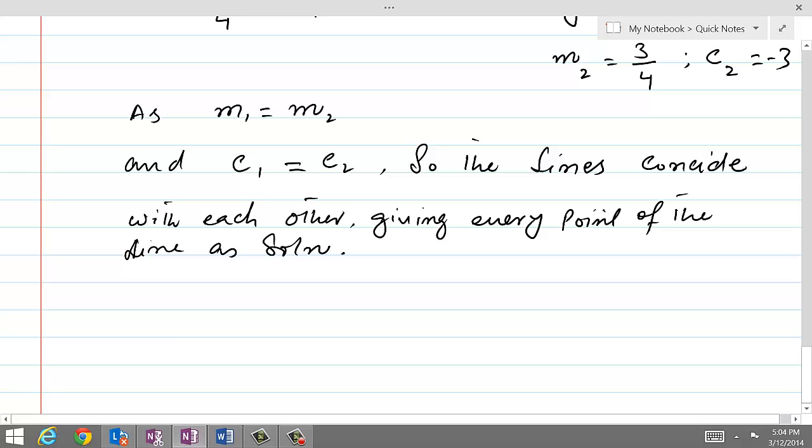So in this case, obviously we should write infinitely many solutions.